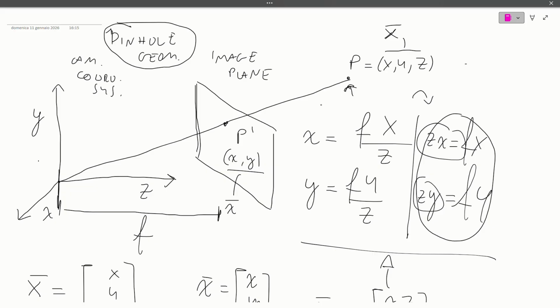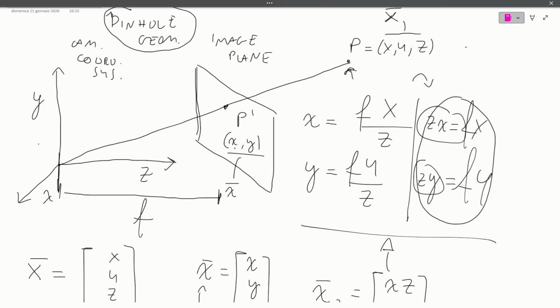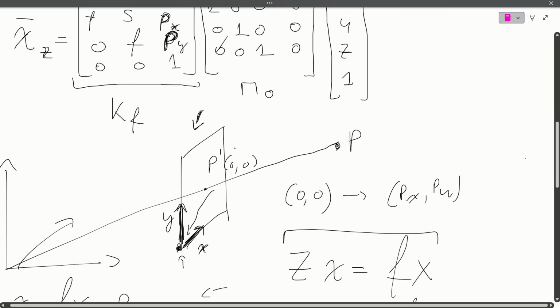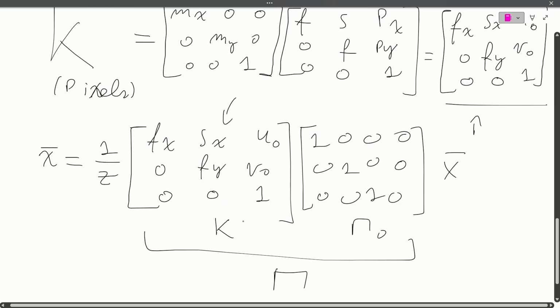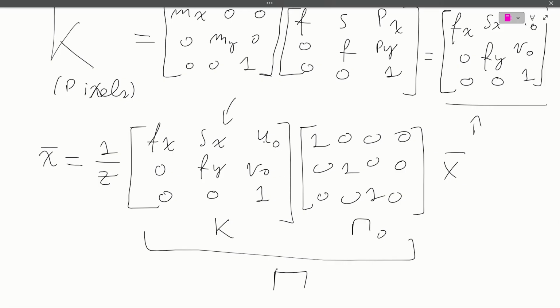And why are we adjusting the coordinates? Because when we pass from the real world to the camera system, we have to change the unit of measure, and it's what we are doing with K, okay? We are also passing from the origin, the principal point, to the origin in the corner.